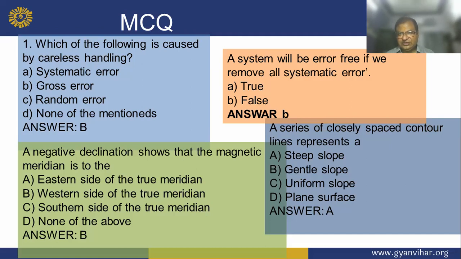Next question: a series of closely spaced contour lines represents what? The correct answer is A, steep slope.